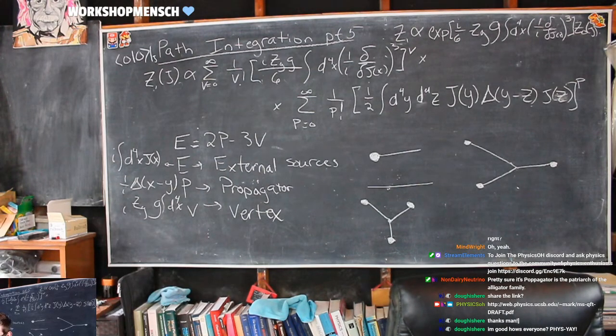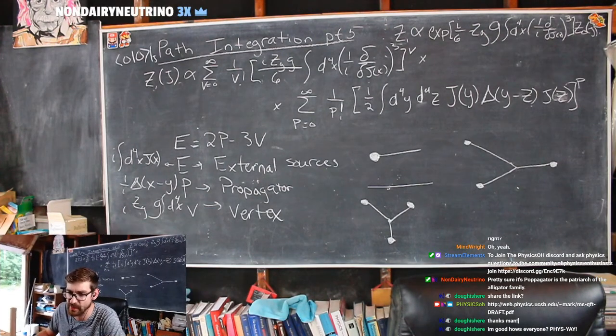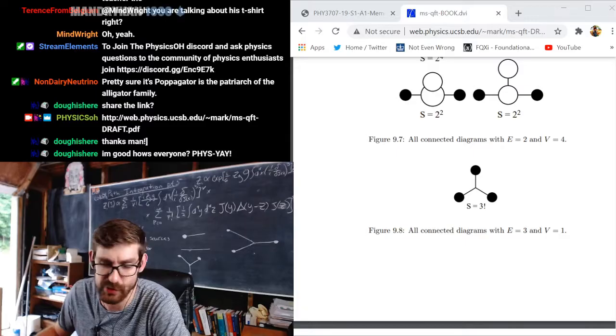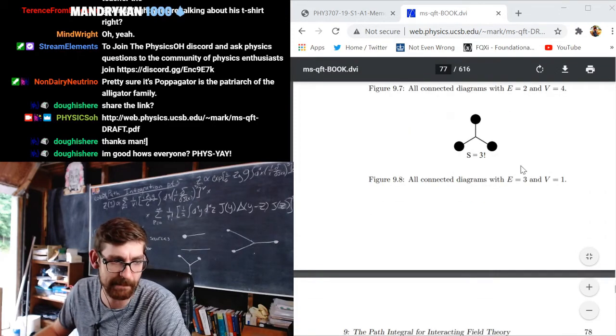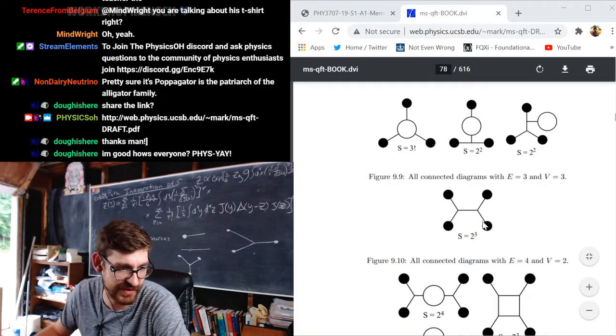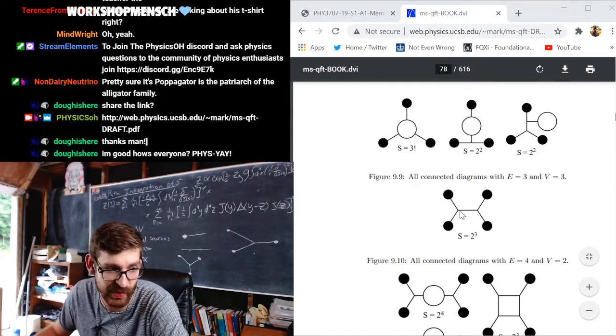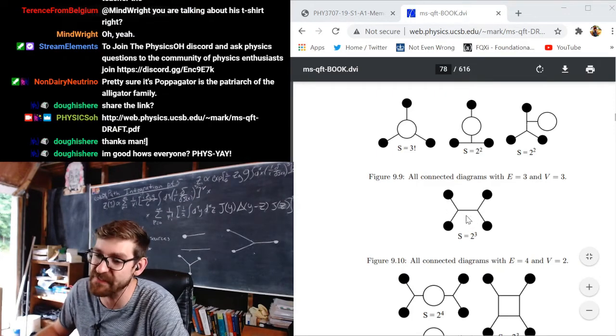This looks a little more daunting. The external sources look a little more daunting than they are. Don't get too worried about those. You can find a definition for that straight up in Srednicki pretty easily. But these are the tree diagrams. This is another tree diagram right here. You have 2 in and 2 out, but notice that each vertex, one right here and one right here, has 3 fields going into it.